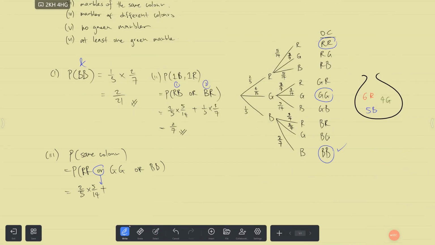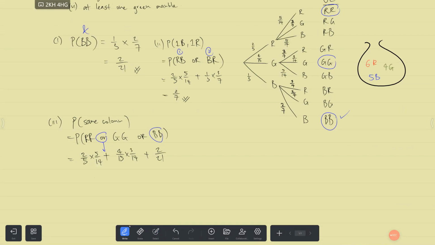Green, green, of course, is 4 out of 15 times 3 out of 14, plus the answer we already have from part 1, which is 2 out of 21. So let's calculate this: 1 out of 7 plus 4 out of 15 times 3 out of 14 plus 2 out of 21, and you have 31 out of 105.